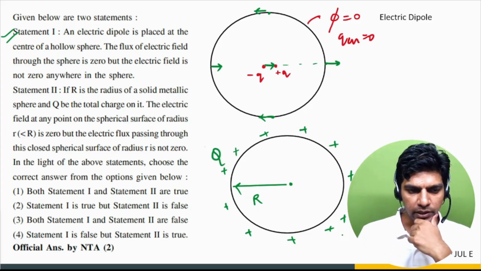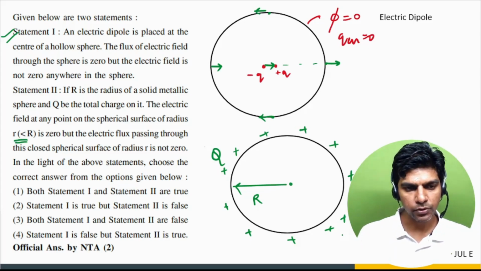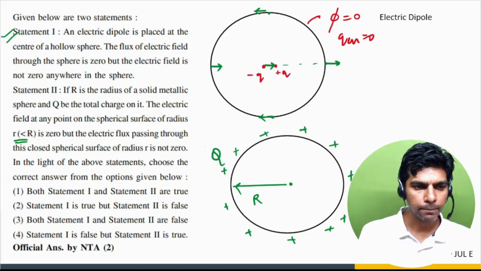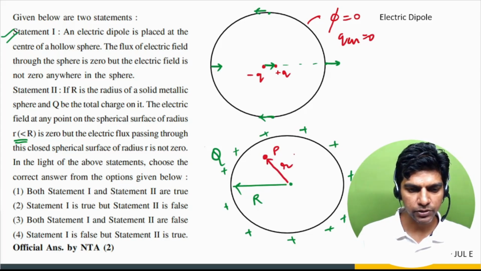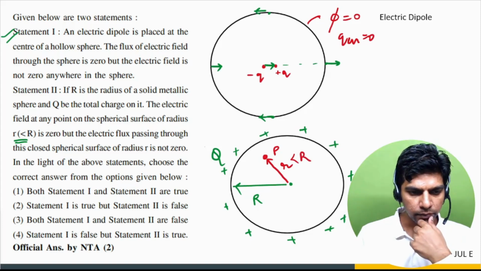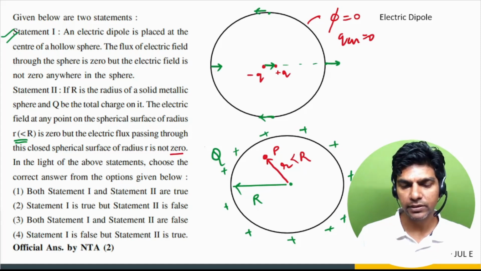The electric field at any point inside, for r less than capital R. So if we consider a point, say P, where the distance from the center is small r, which is less than capital R, the electric flux passing through this closed spherical surface of radius r is not zero. That is incorrect.